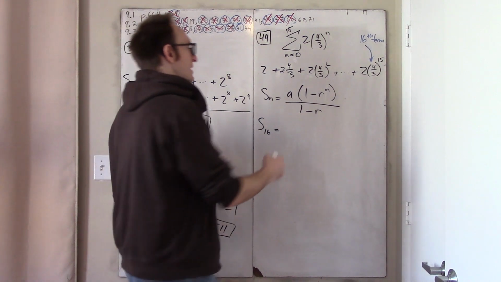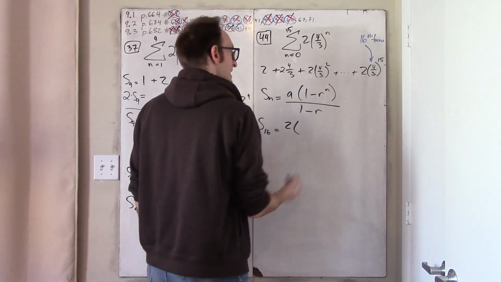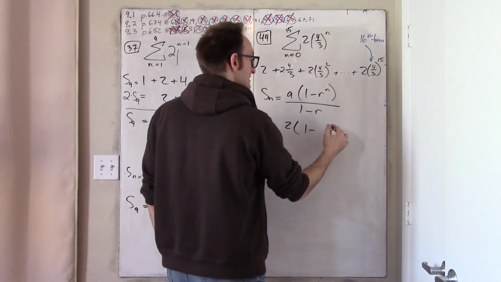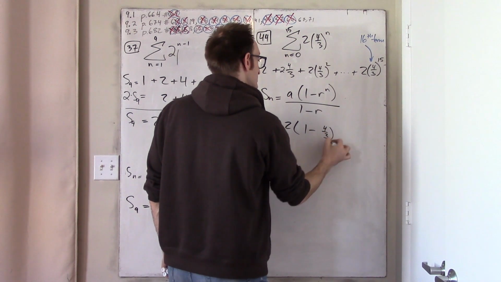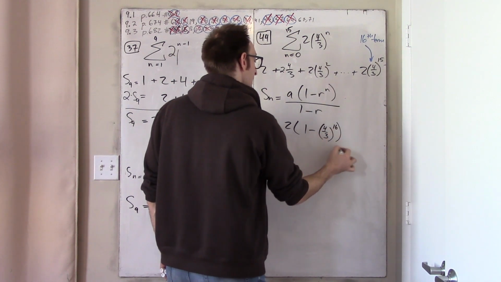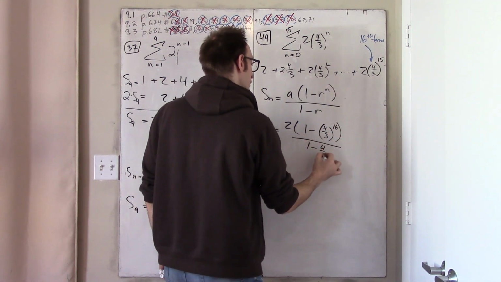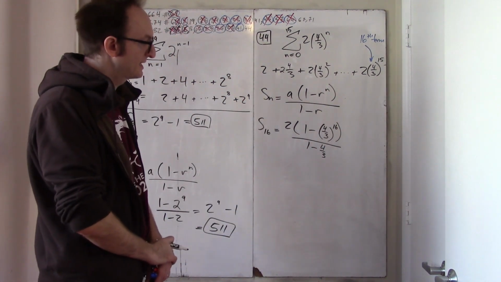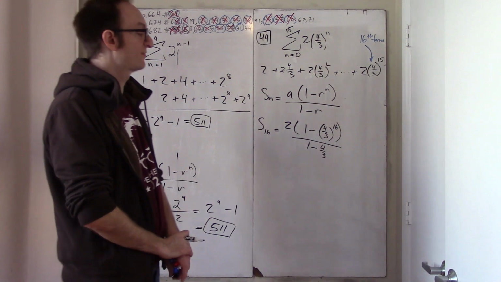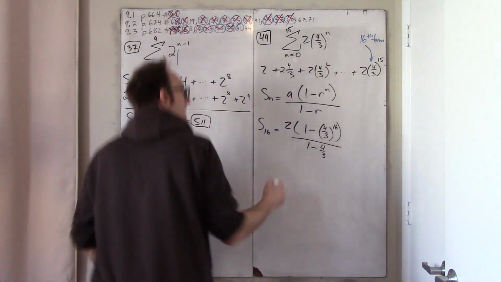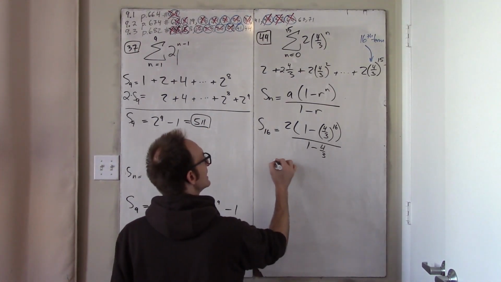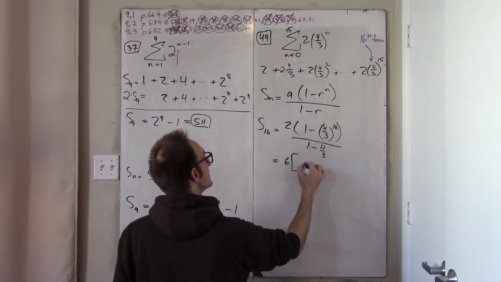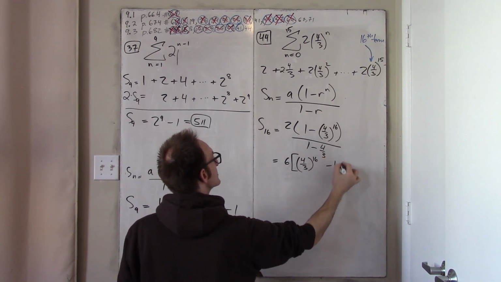So what's a is 2, and what we actually get is 2 times 1 minus 4/3 to the 16th over 1 minus 4/3. And 1 minus 4/3 is negative 1/3, so dividing by negative 1/3 is like multiplying by negative 3. So the answer we get here is 6 times 4/3 to the 16th minus 1.